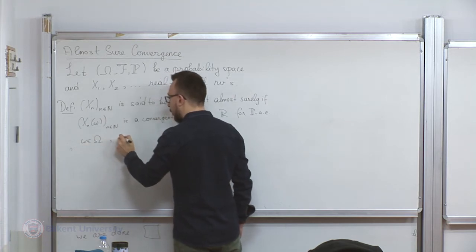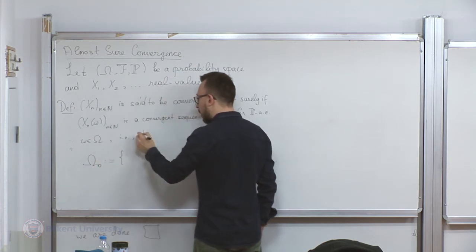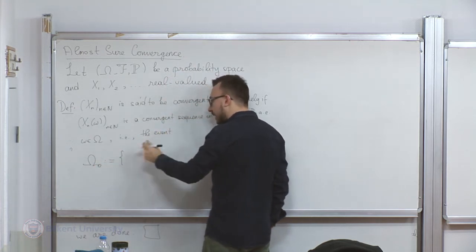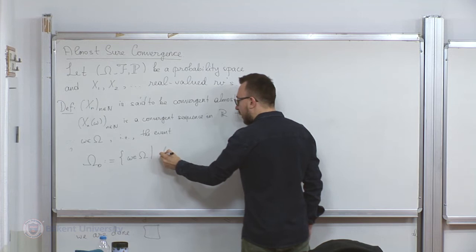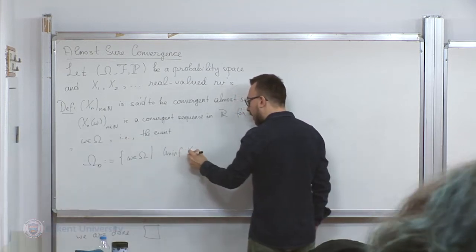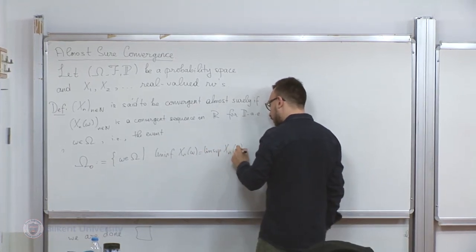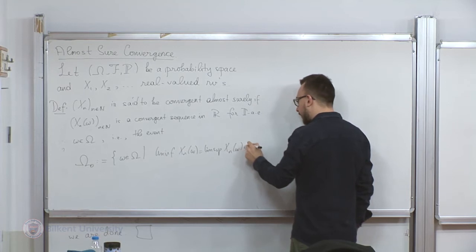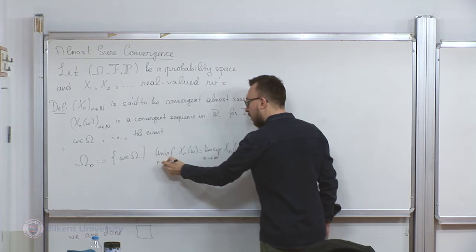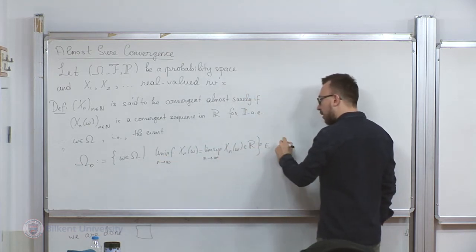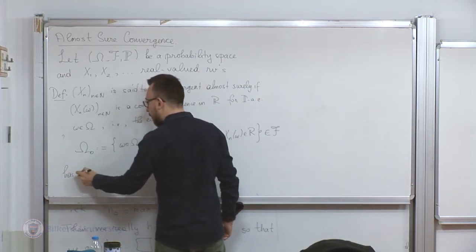In other words, the event that the limit exists, in other words, the event that the liminf equals limsup and this is a real number, has probability 1.